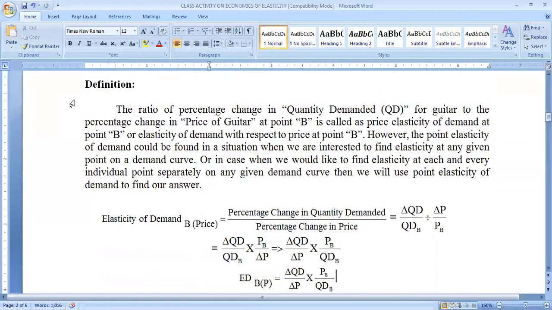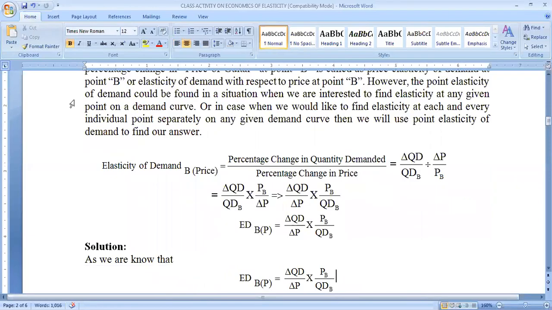Okay? So the formula of elasticity of demand at point B, within brackets price. So we are finding elasticity of demand with respect to price. The B shows point B. It is equal to percentage change in quantity demanded divided by percentage change in price. The formula is that the percentage change in quantity demanded can be written as delta QD over QD divided by delta P over P, right?